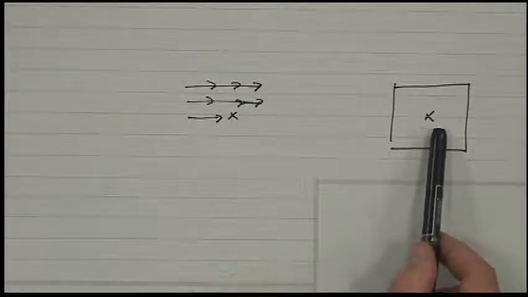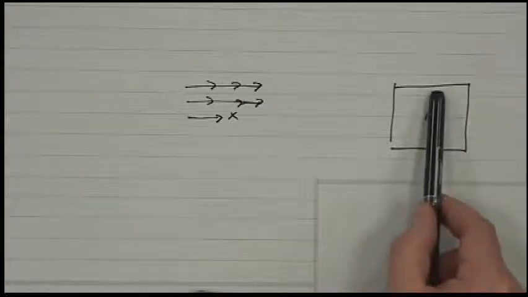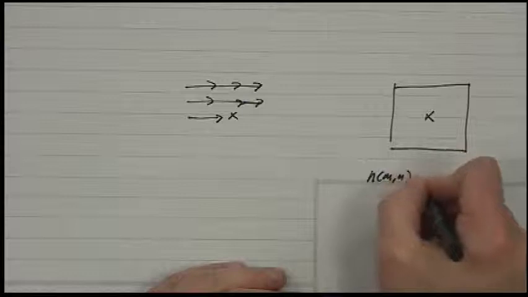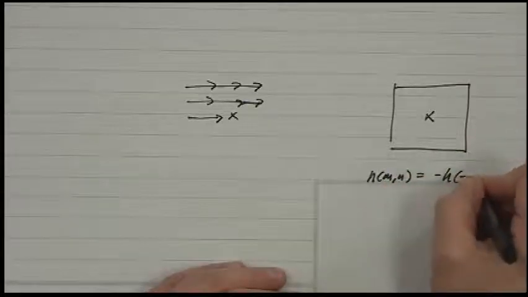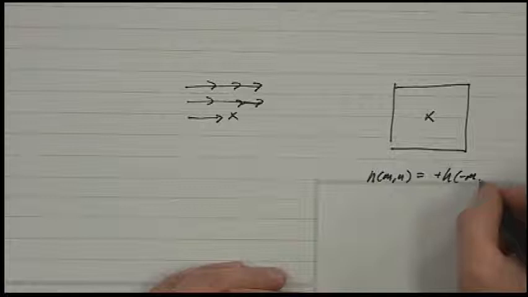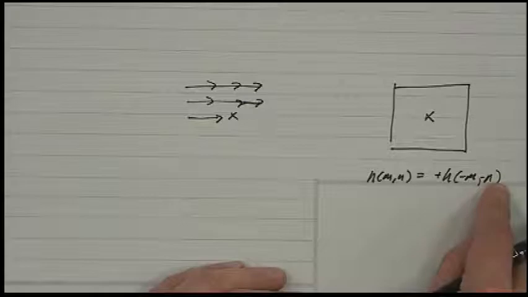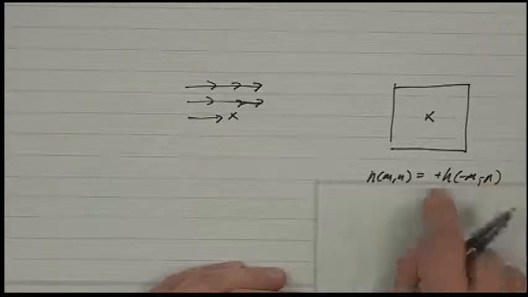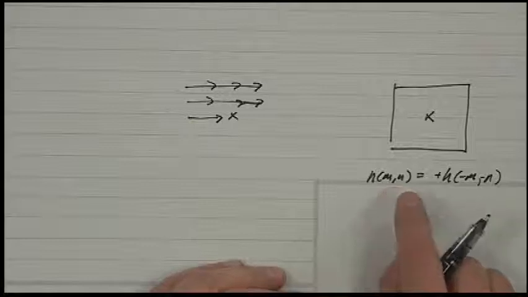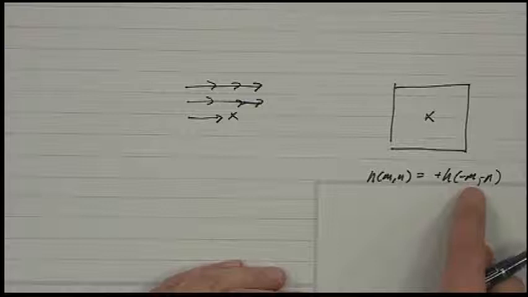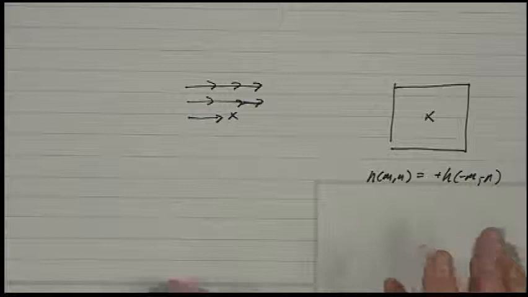So if this is a symmetric function, so if h of m, n equals h of minus m, minus n, then the filter's phase is 0. There's a slight caveat there: it's 0 phase, but the real part may be negative, but I'm calling that 0 phase.